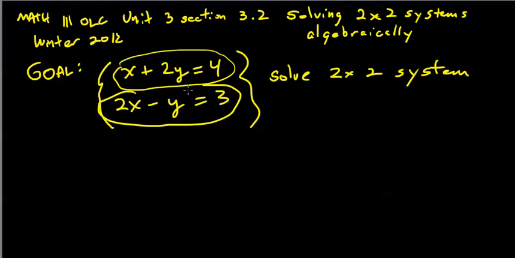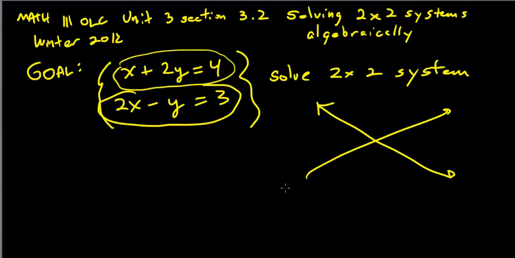Of course, there are infinitely many solutions to either of those equations individually, but if I'm looking for a simultaneous solution of two different lines, the common solution to both will be a point. So basically we're looking for a point in the xy plane that will solve both these equations simultaneously.